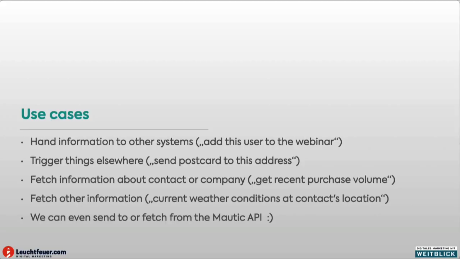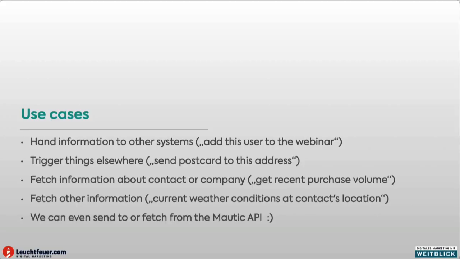Let's reflect a little bit. What could this be used for? It is super generic. So you could, for instance, get a sign up in Mautic and send that over to the webinar system, or you could trigger some channel, like send a postcard, a fax, whatever you like, maybe a text message.